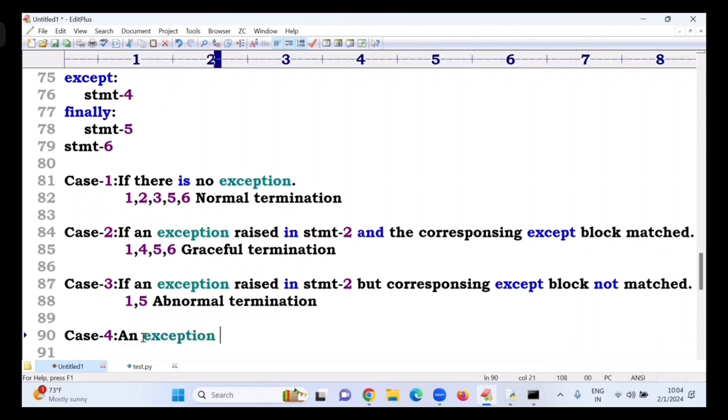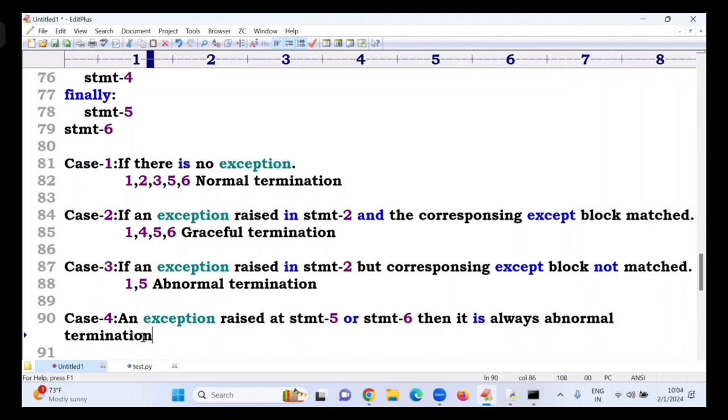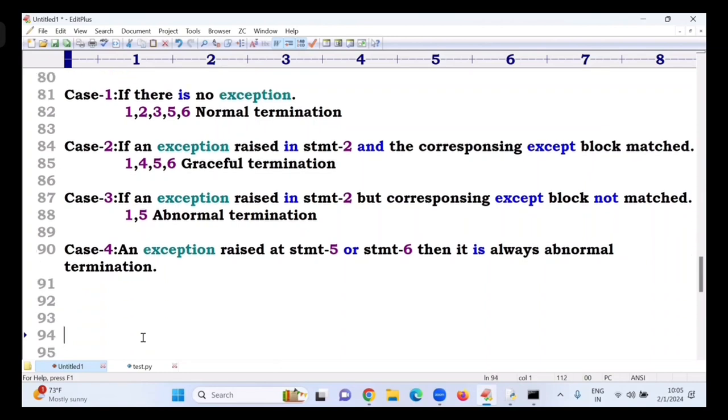An exception raised at statement 5, that is in the finally block, or in the last line, statement 6, is always abnormal termination only.